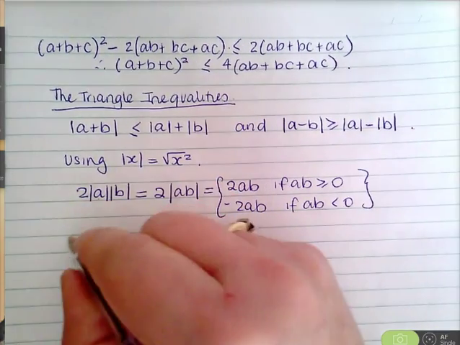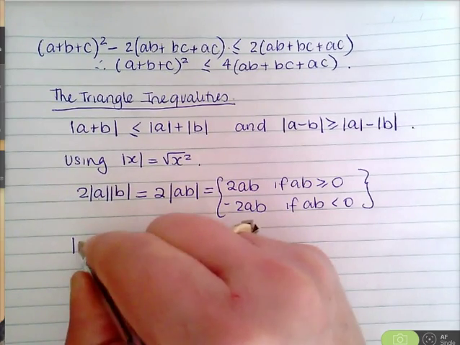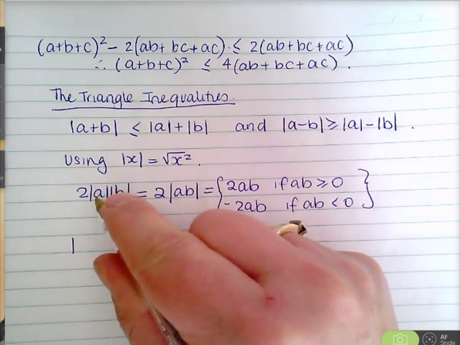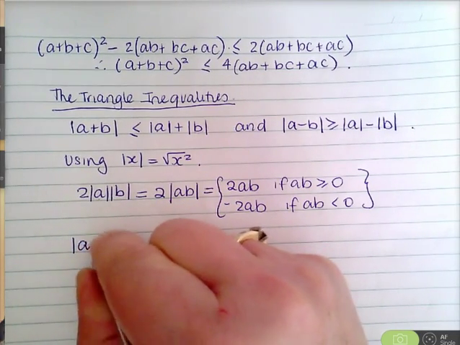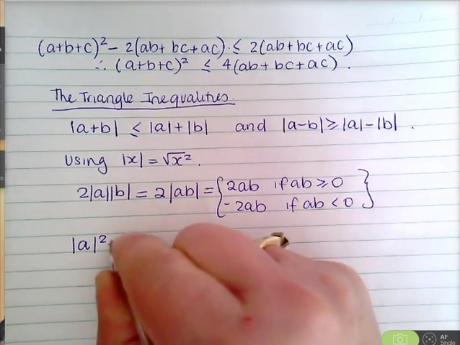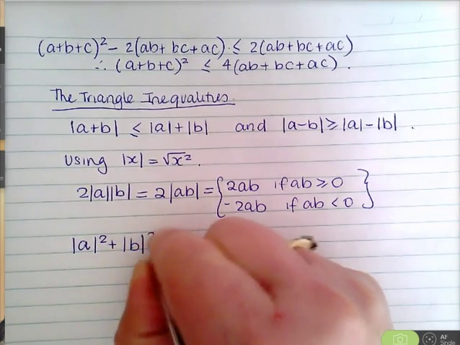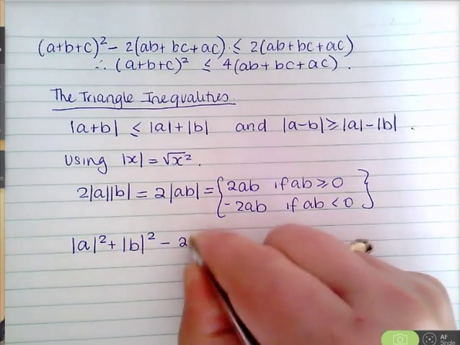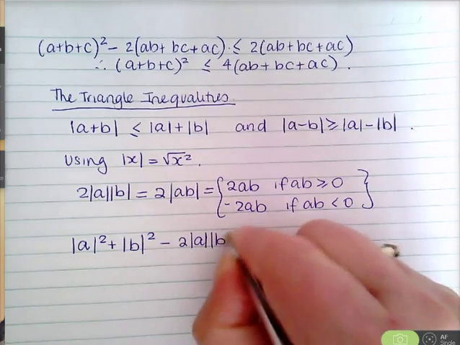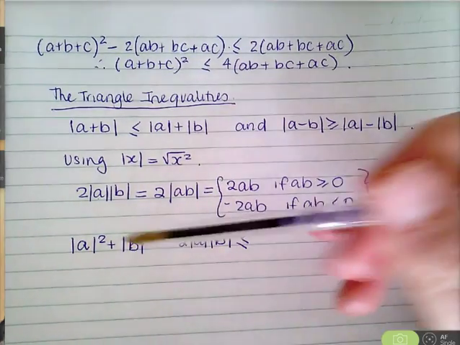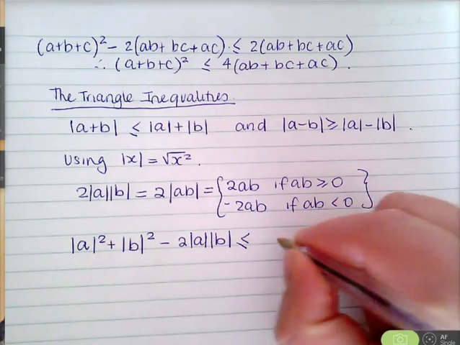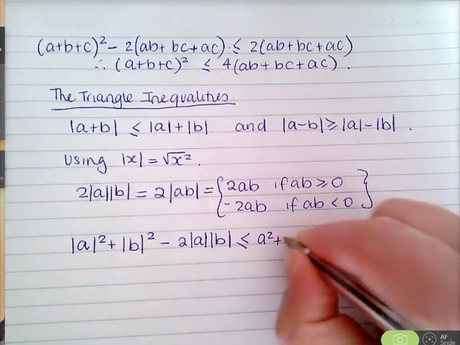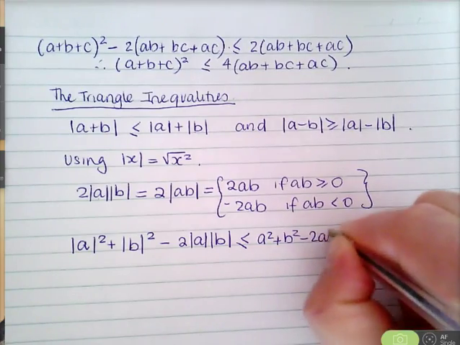The reason I'm doing this is because we'll be looking at a plus b squared. So if we look at the absolute value of a squared plus the absolute value of b squared minus 2 lots of the absolute value of a times the absolute value of b, that will be less than or equal to a squared plus b squared minus 2ab.